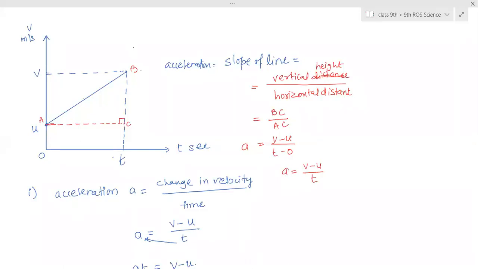Take the vertical height and divide it by the horizontal distance. In a right triangle, that is perpendicular by base. So perpendicular BC is the perpendicular distance and base is the AC distance. Perpendicular by base is considered the slope of a line, and the slope of a line will give the value of acceleration. Ma'am, is this only possible for a linear graph? Yes, linear graph. Only for a line can slope be calculated by this formula. Okay, ma'am.